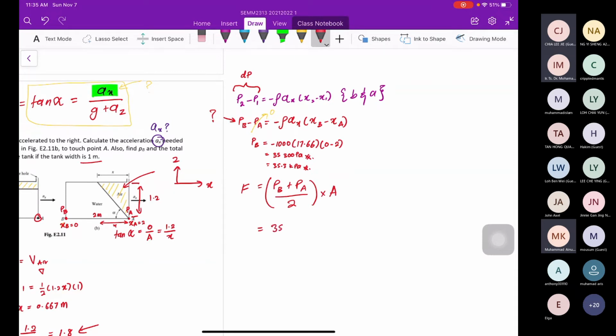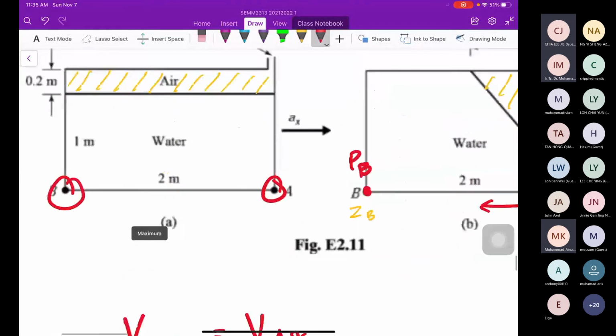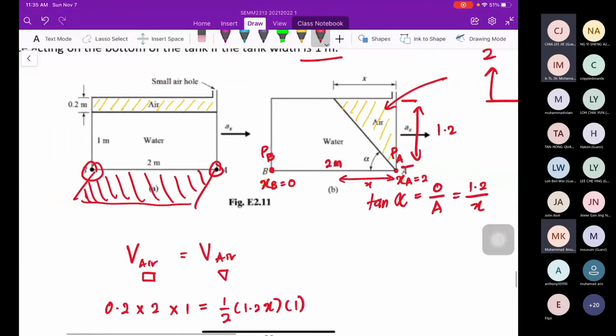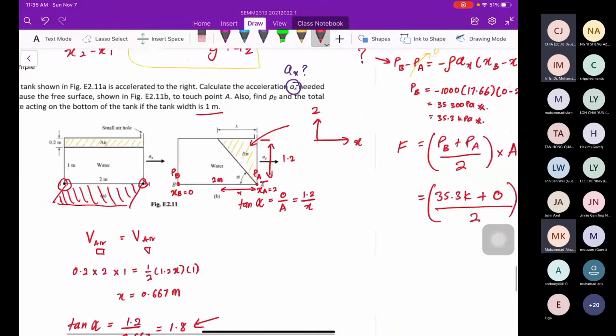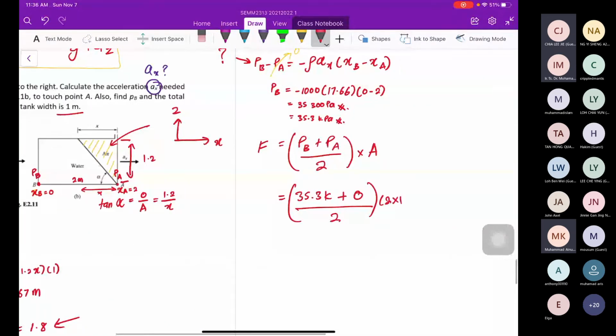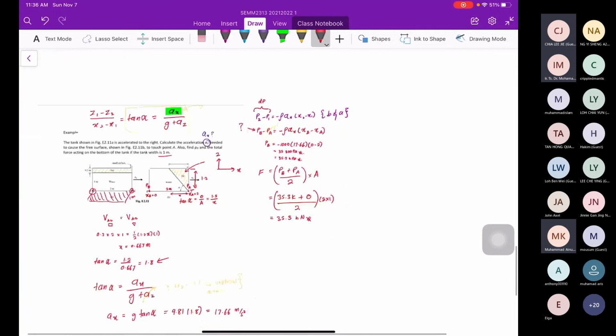So PB is 35.3 kilopascal plus the pressure at A is 0, divided by 2, multiplied with the area, which is 2 meter by 1 meter, the depth, the width. So you will get 35.3 kilonewton. That is the final answer.